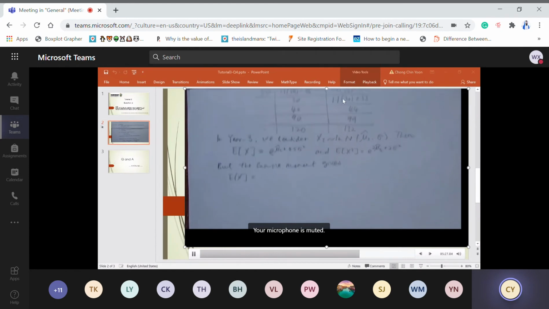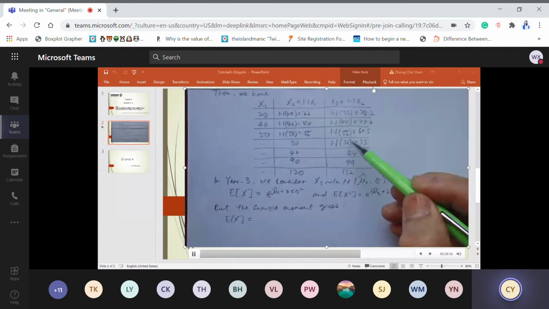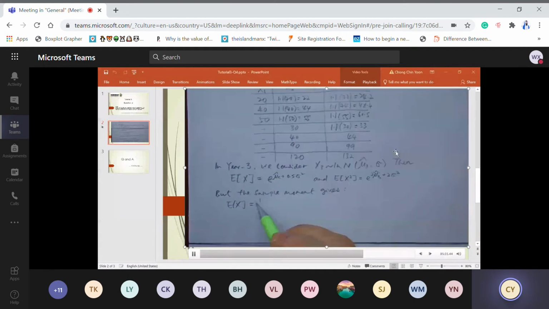That is, we sum up all this data and divide it by 7. So we will have 1/7 times 24.2 plus 48.4 plus until 132.